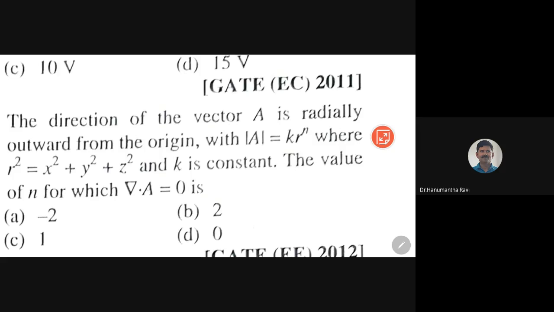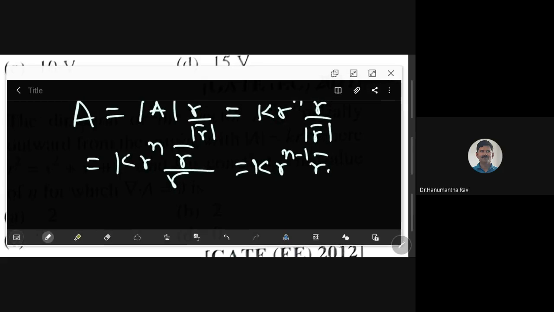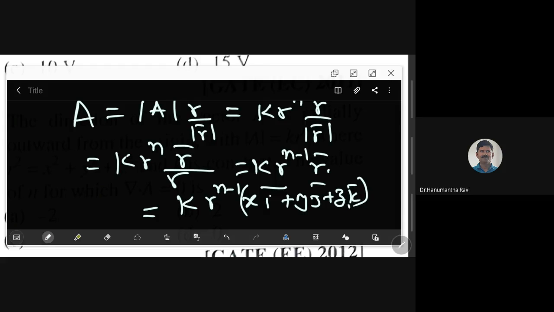We need to calculate the divergence of A first. I can rewrite this as k r power n minus 1 into (x i bar plus y j bar plus z k bar).